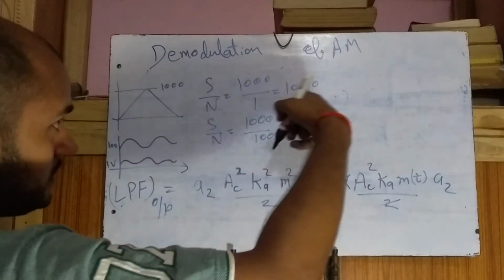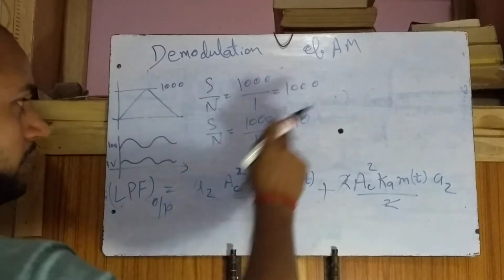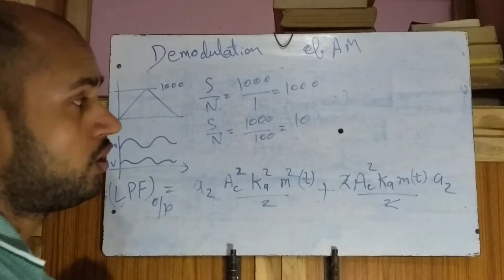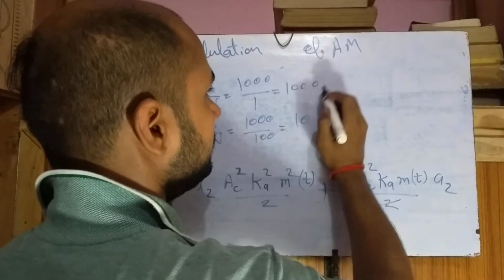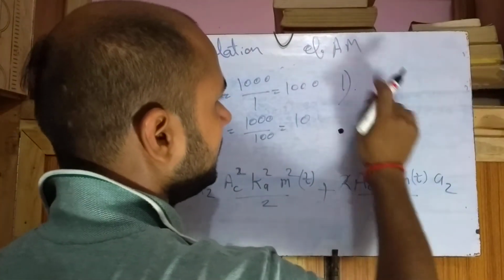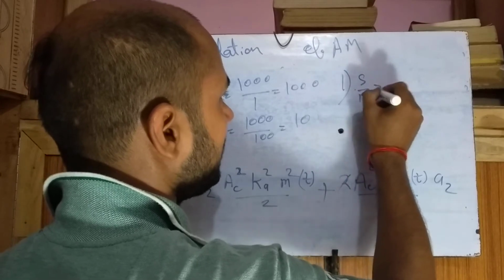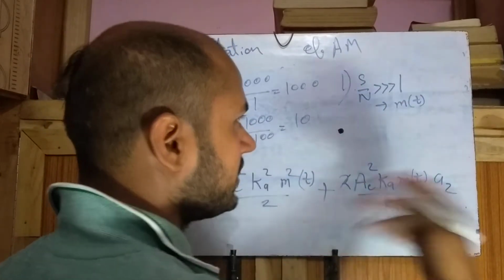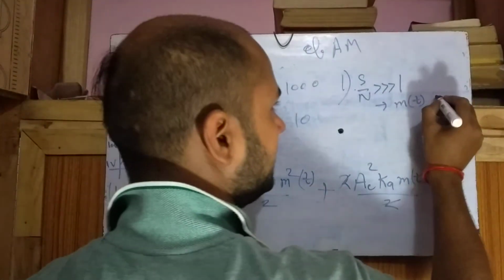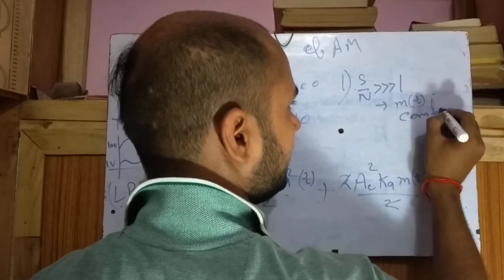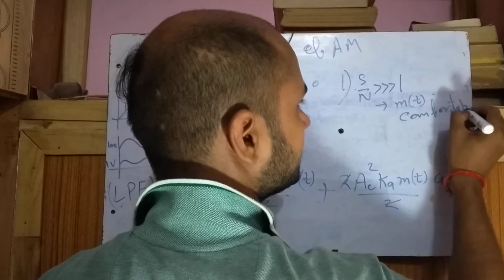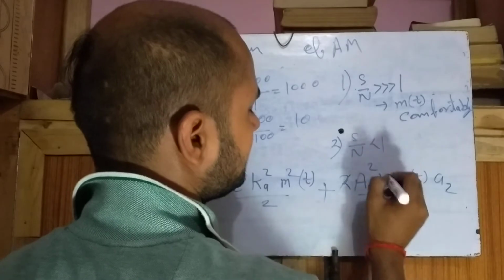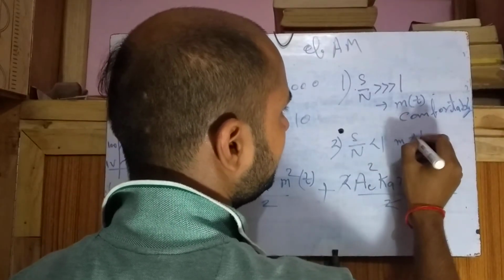So the signal to noise ratio is very much greater than 1 in the first case and simply greater than 1 in the second case. So we have two results: if the signal to noise ratio is very much greater than 1, m(t) can be reconstructed very comfortably. And in the second case, if the signal to noise ratio is less than 1, m(t) cannot be reconstructed.